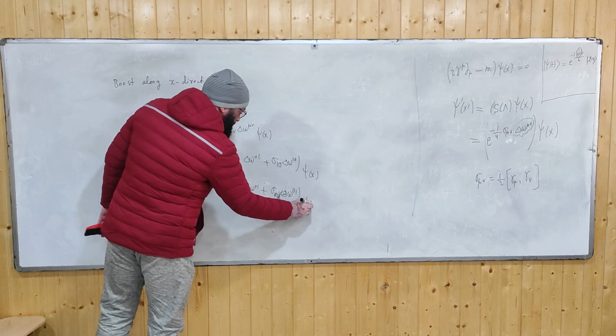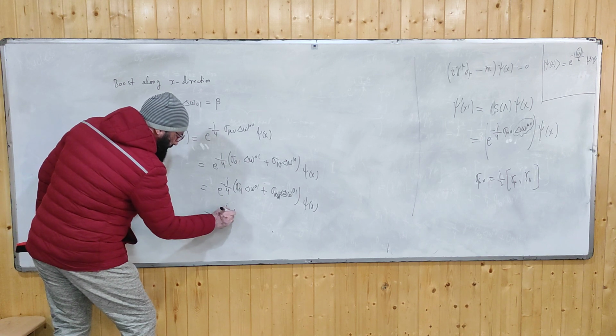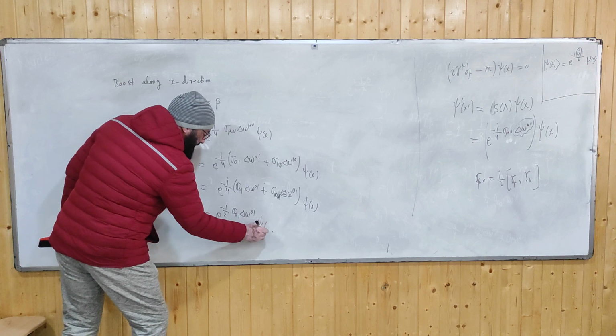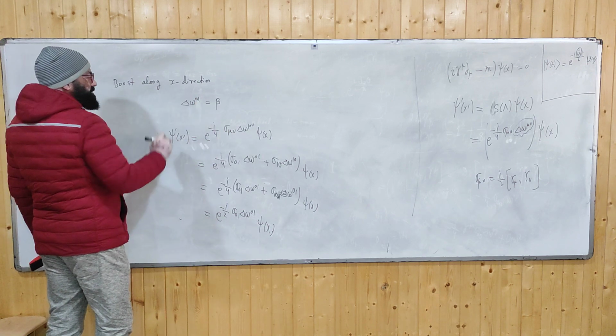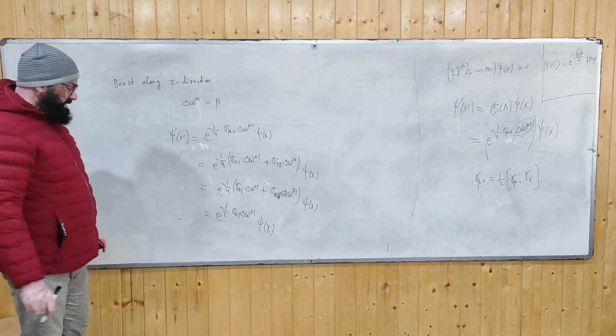So how many are there? There are 2. So it is e raised to the power minus i by 2 sigma 0 1 delta omega 0 1 psi of x. Clear? So this is beta. If you write it down, that is minus.